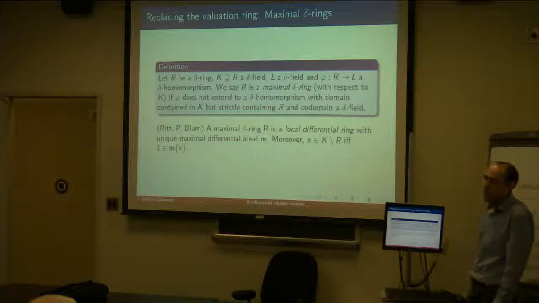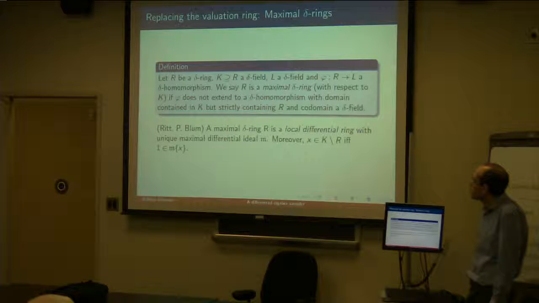So you're saying that this magically becomes independent of P, because being a unique maximal differential ideal doesn't seem to say anything about P. Right, not in practice. We use this very formally.